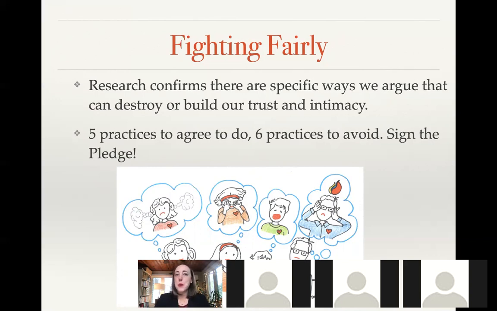Fighting does not represent a weakness. It just represents our humanity, that we are human, right? So there are some very specific ways that we can argue with one another that help strengthen our relationships.